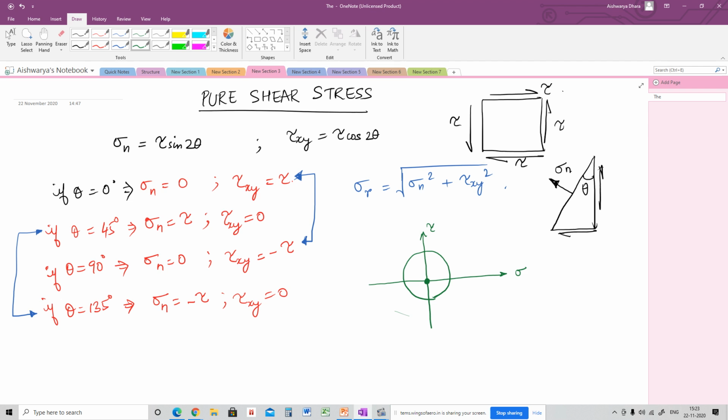Can anyone justify this point? Why does it happen so? In case of pure shear, we get a Mohr circle like this, where the center point coincides with the origin.